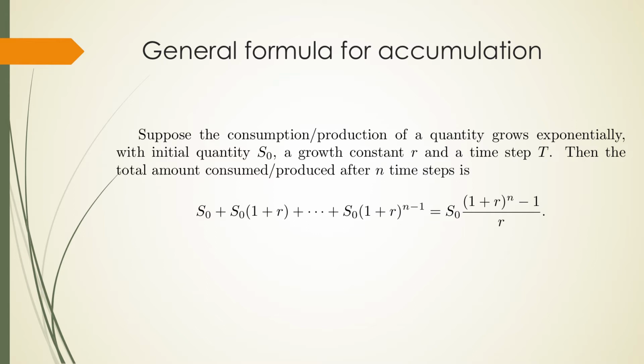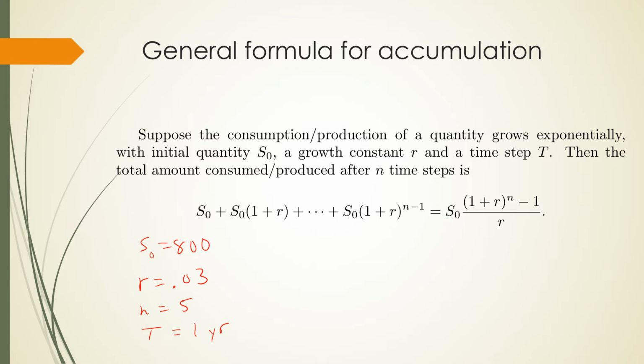This is the same calculation we did on the previous slide, where S0 is equal to 800, R is equal to 0.03, N is equal to 5, and T is equal to 1 year. On the right side, you see a shortened version of this calculation.